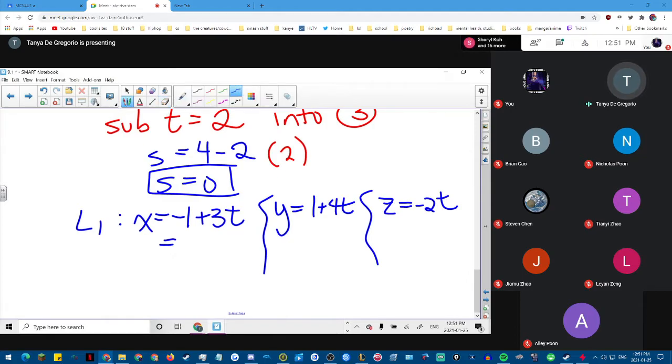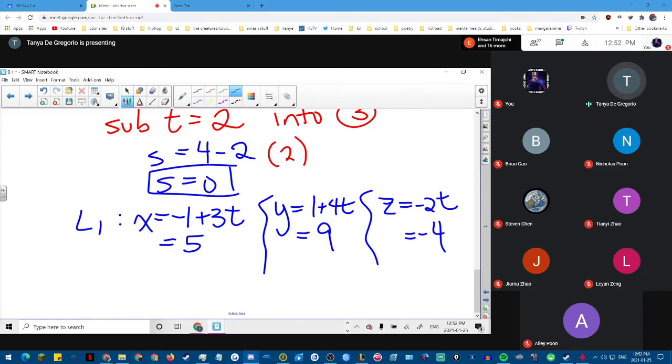Okay, so what do we get for the first one? Subbing in t equals 2. Negative 1. And for the next one? 1 plus 8, right? And for the next one? -4. There you go. So we're getting the point 5, 9, negative 4.